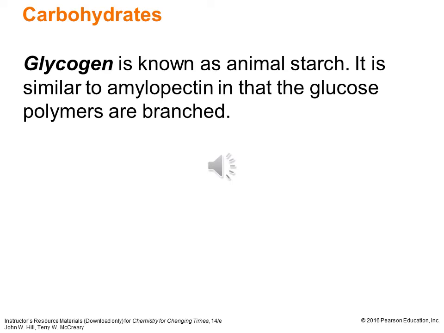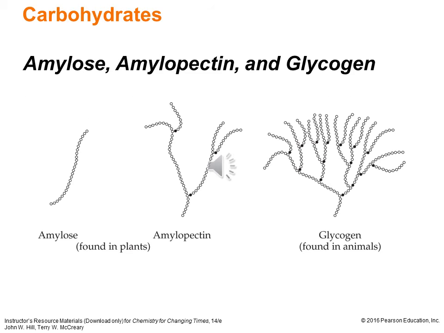So for humans, the way we can store glucose is as those highly branched glycogen molecules. And here we have a nice image of those three different forms of glucose as a polysaccharide. So amylose, where the glucose molecules are pretty much in a straight chain.